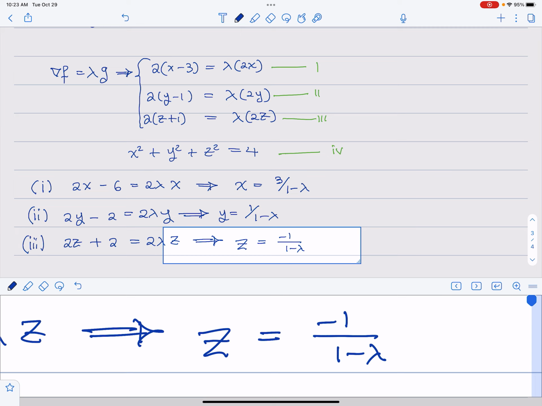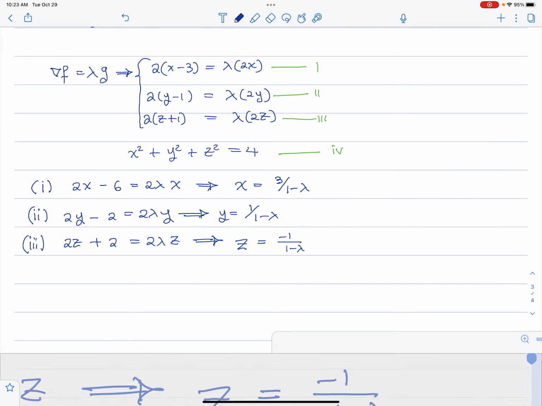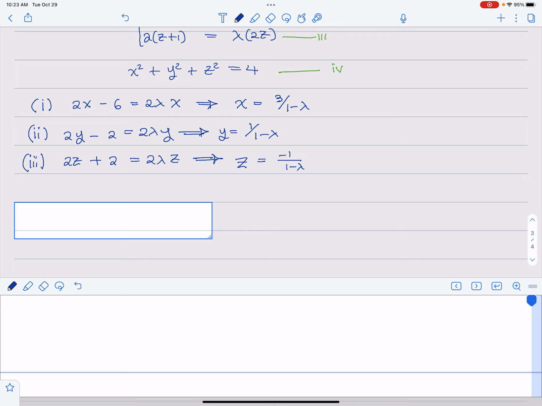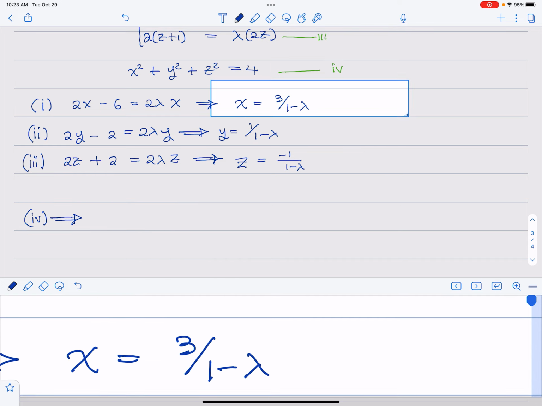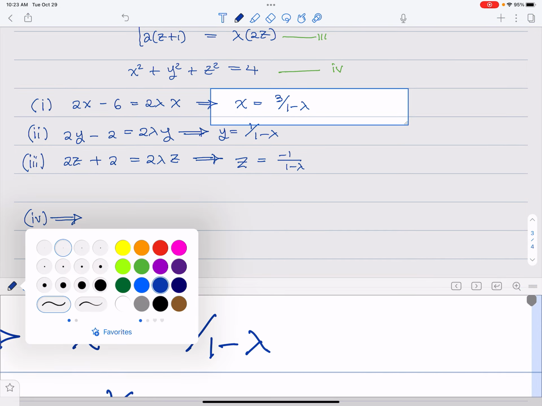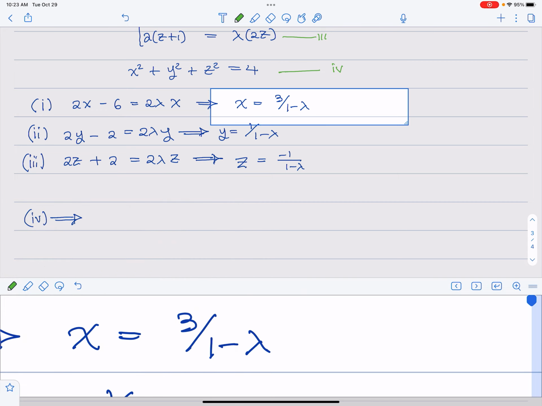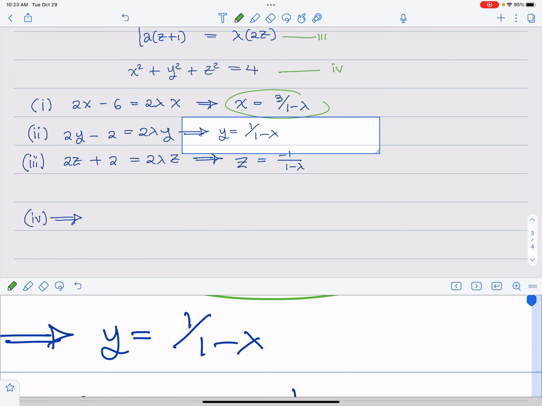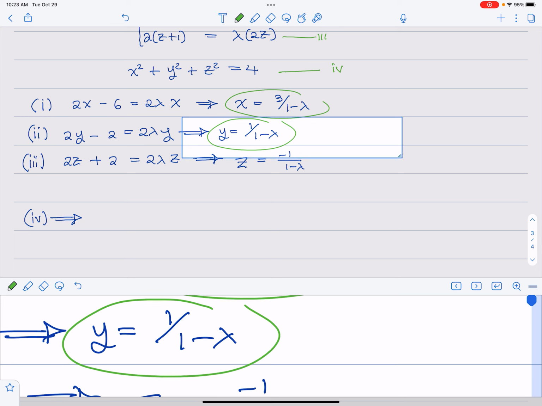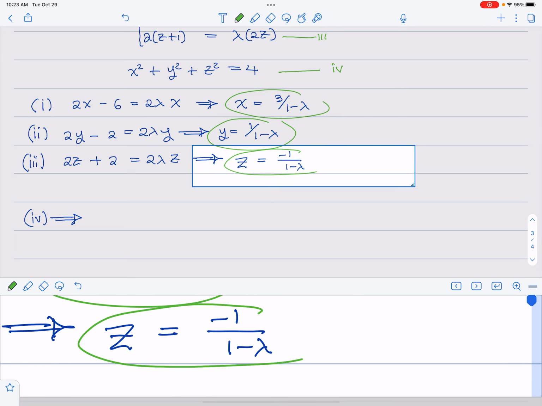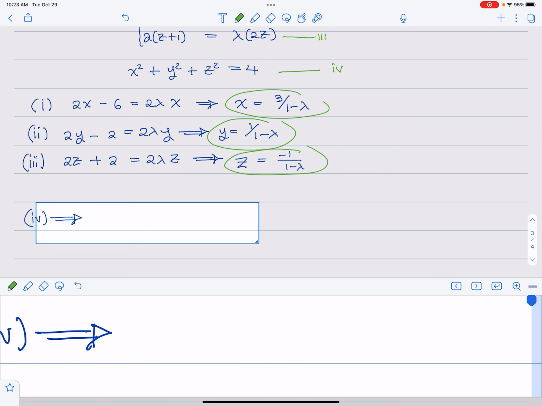Okay, so now what we can do is plug this into our constraint equation, which is equation 4. Plugging this for x, this for y, and this for z.